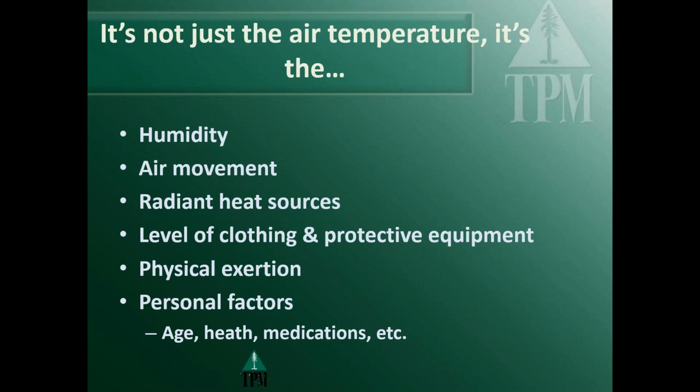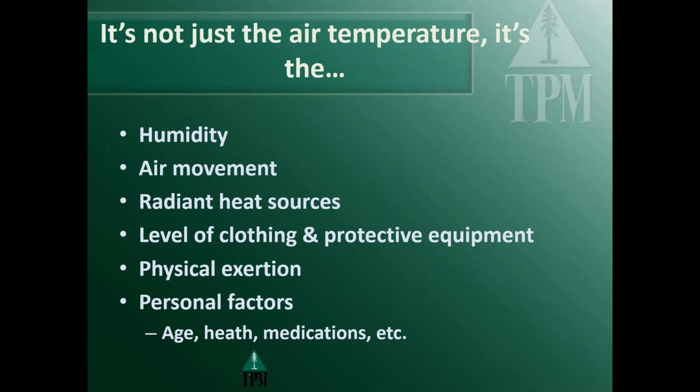But it's also air movement. If we've got air movement, that is our friend. That is something that's really good for us, because we have to have that for our sweating to actually cool us off. You could have other heat sources. It could depend on the level of clothing and protective equipment they've got on. It can be affected by how much they're physically exerting, and it can absolutely be affected by a bunch of personal factors: your age, your overall health, if you're on medications, if you've been drinking, if you've been eating right, if you got enough sleep.